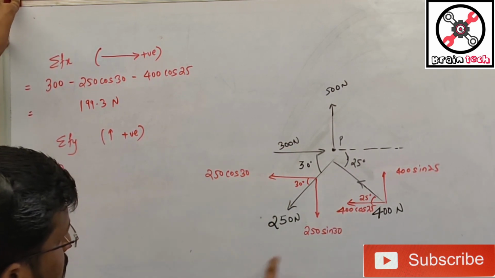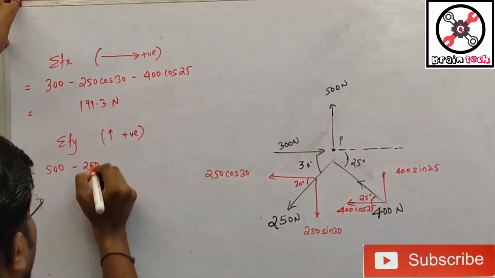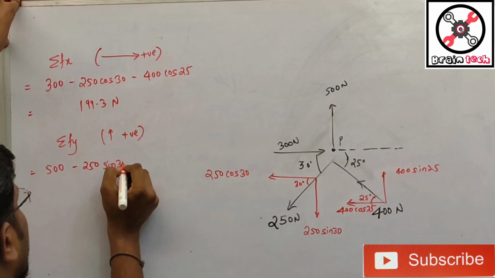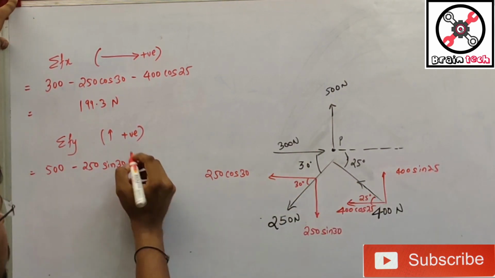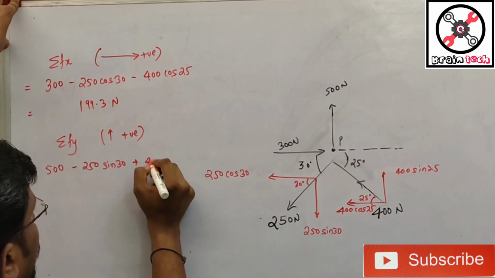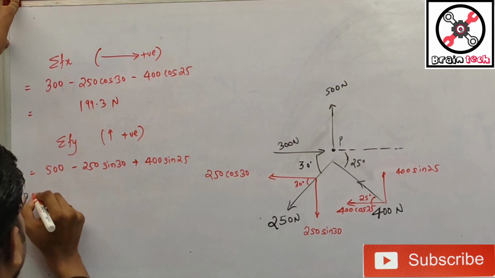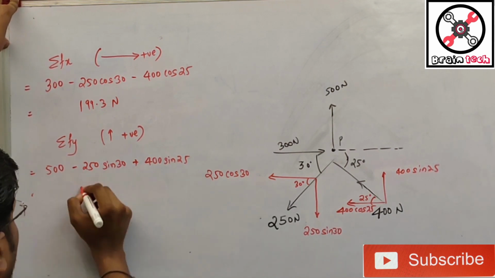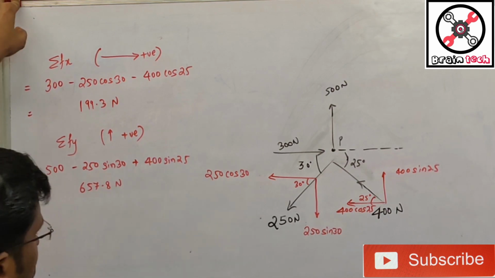This also won't come. This is moving downwards, so this will come. This is 250 sin 30. This is a horizontal force, it won't come. This is a vertical force moving upward, it will be taken into account. That is 400 sin 25. So if you calculate, you get around 657.8 Newton. So that is also positive.